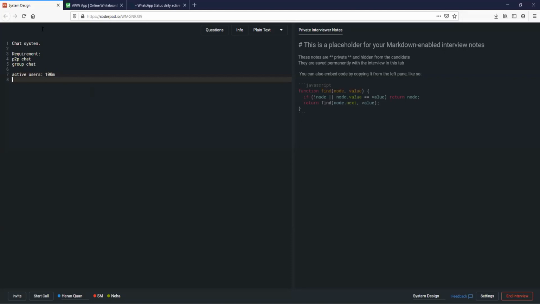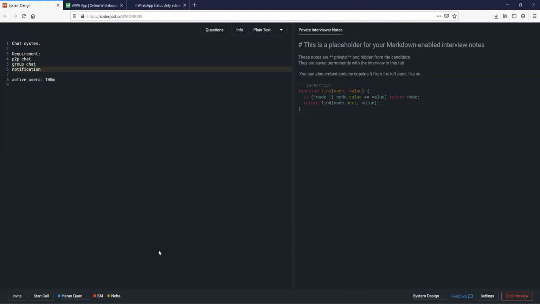In these requirements, are we not going to take anything about notifications and all that? Yeah, that's an important part of the chat. That's right. Notification can be part of the chat itself. For example, in a peer-to-peer chat, when one user sends a message, another user will receive it immediately on their phone.